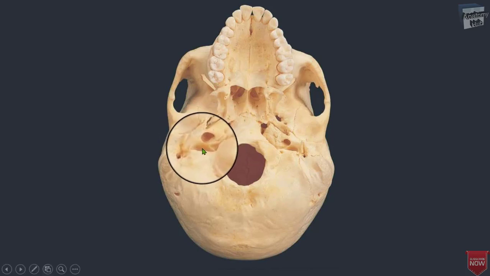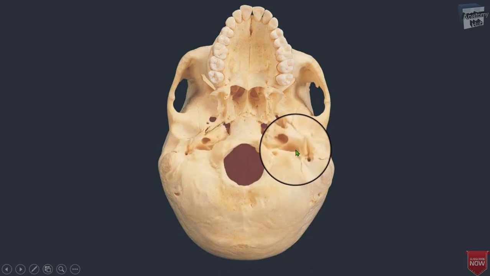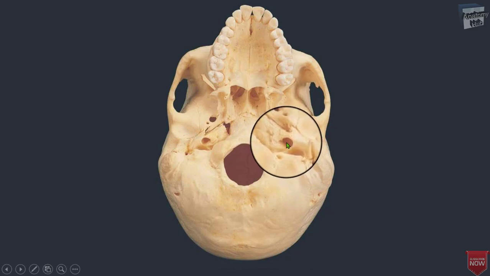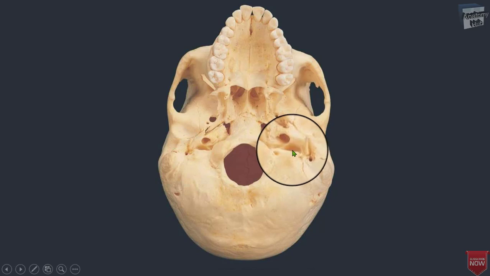Here you will find the jugular fossa. The jugular fossa lies on the petrooccipital suture immediately posterior to the carotid canal, and it lodges the jugular bulb, the dilated upper end of the internal jugular vein, which communicates with the intracranial system of the dural venous sinuses through the jugular foramen.